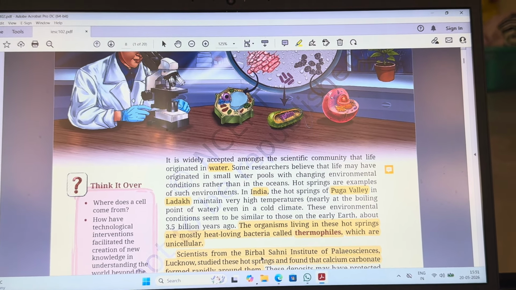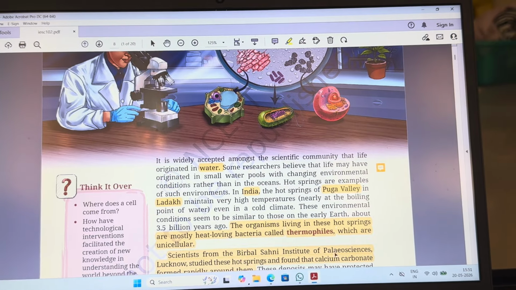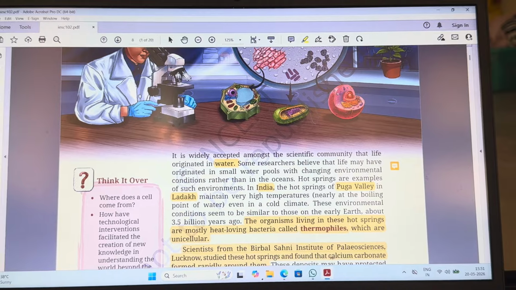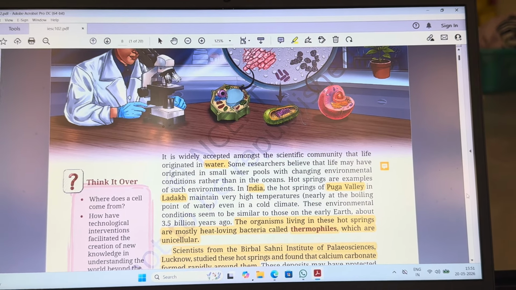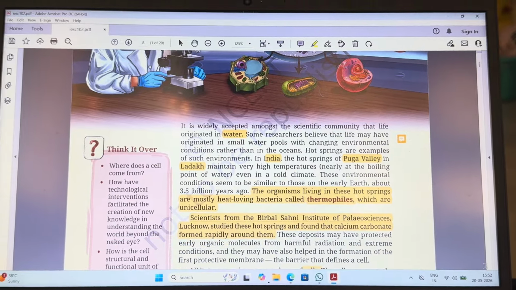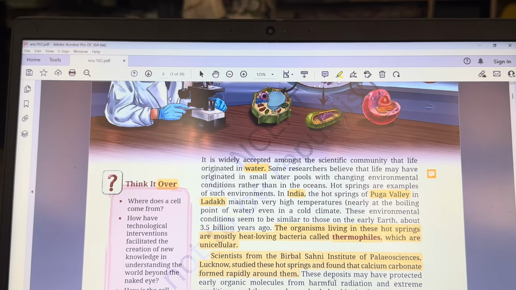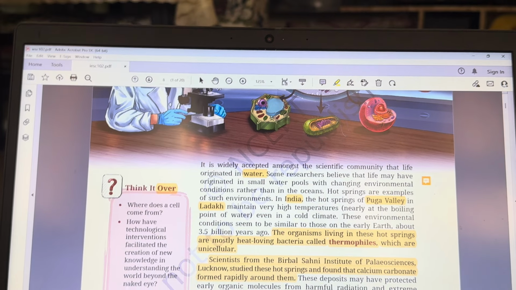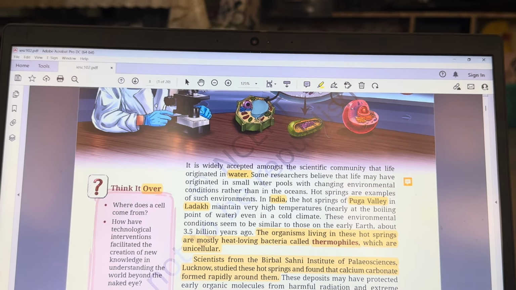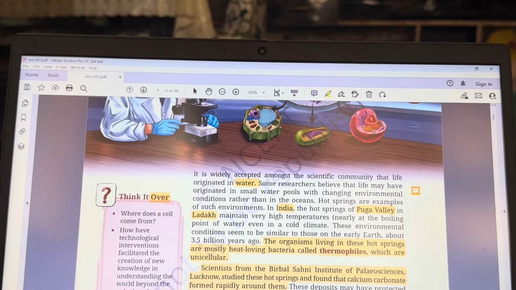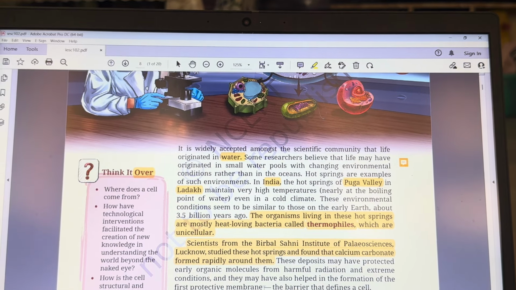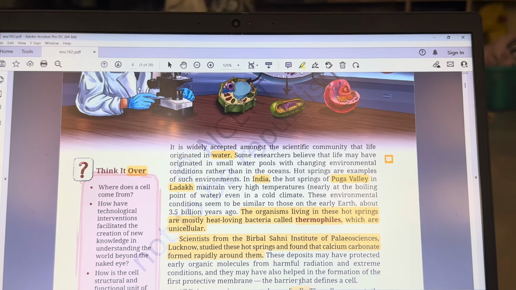Scientists from Birbal Sahni Institute of Palaeosciences, Lucknow, studied these hot springs and found that calcium carbonate formed rapidly around them. These deposits may have protected early organic molecules from harmful radiation and extreme conditions, and may have also helped in the formation of the first protective membrane, the barrier of the cell.